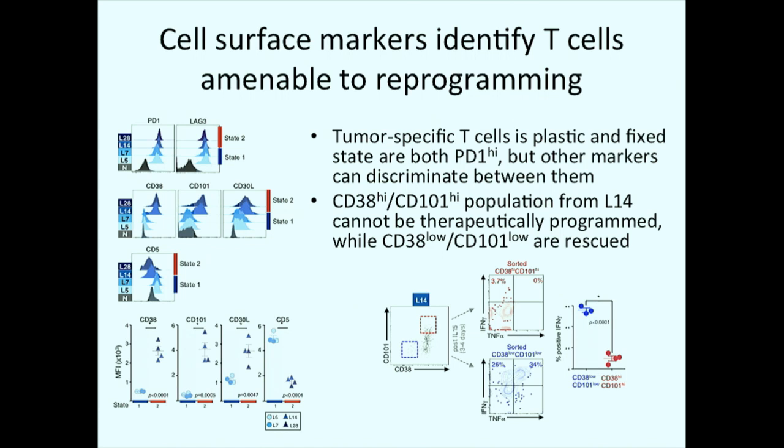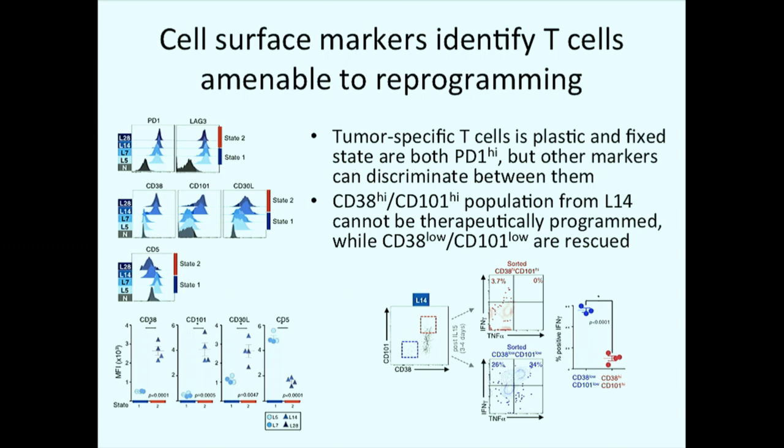If you want to have a biomarker that might be a biomarker for response to immunotherapy, and you believe that having T cells in this plastic dysfunctional state is better than in the fixed dysfunctional state, PD-1 is not a good biomarker, okay? So in the mouse model, all the T cells are expressing PD-1 from a very early stage, okay?